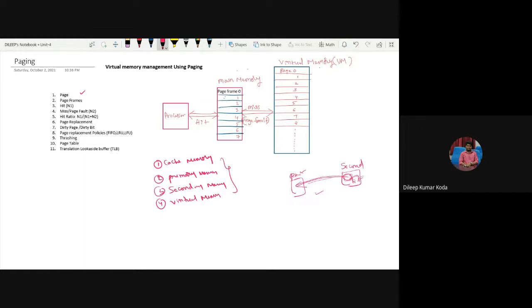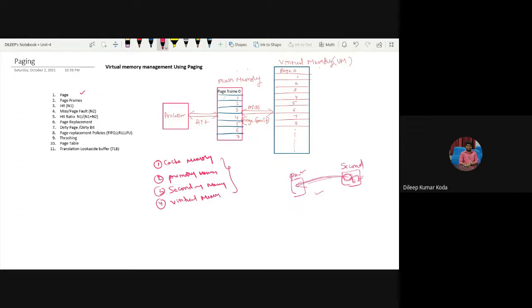The typical page size is 4 KB, though it can be changed for modern processors. In general the typical page size is 4 KB, but it can be different for different processors.